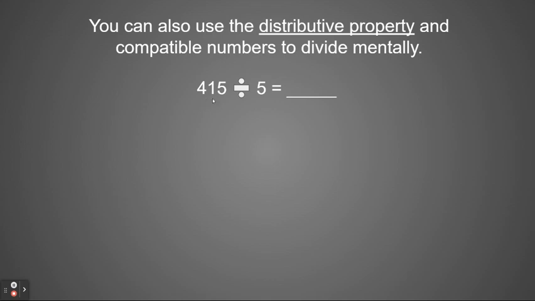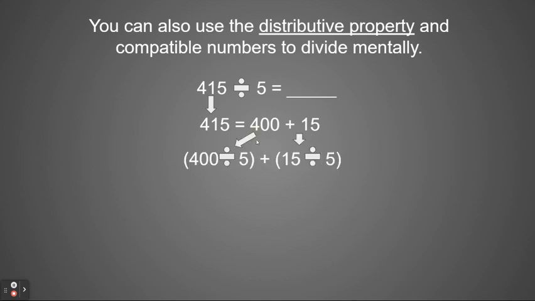So I'm going to break up the number 415 into 2 numbers that are compatible with 5. I know 415 is equal to 400 plus 15, and both 400 and 15 are divisible by 5. They're compatible numbers. So now I'm going to distribute my divide by 5 into both of those parts.